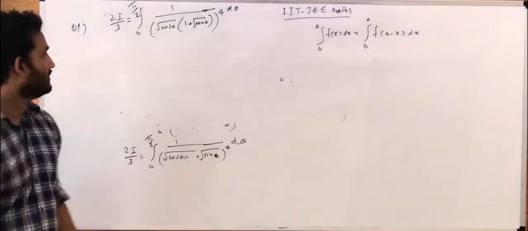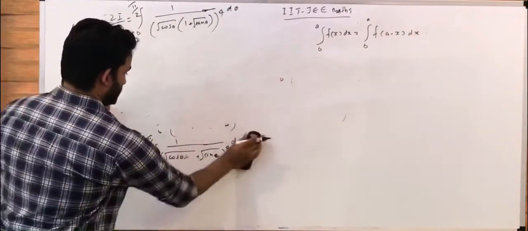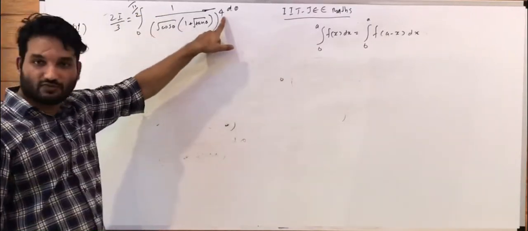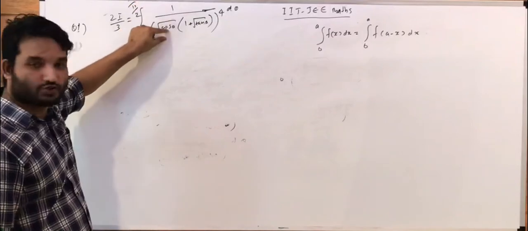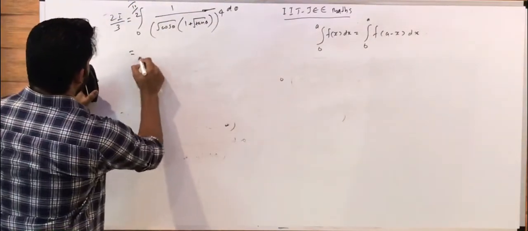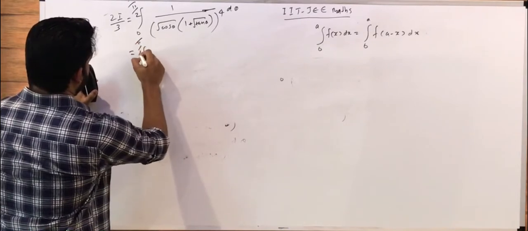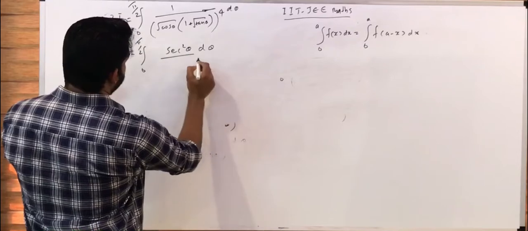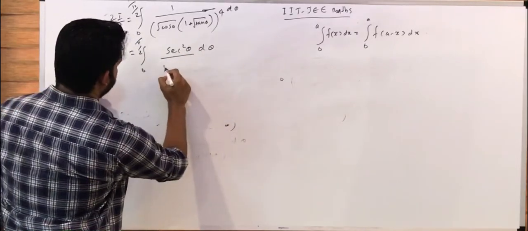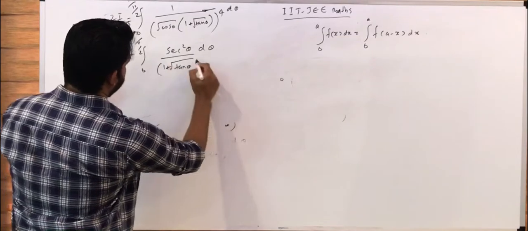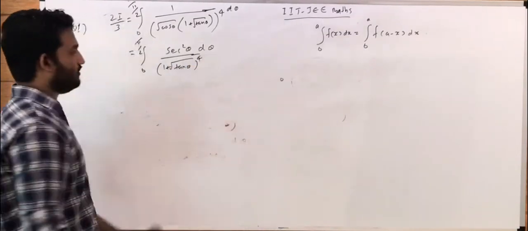Now, 1 by (root cos theta) all raised to 4 is equal to 1 by cos square theta, that is sec square theta. So we can write this integral as integral 0 to pi by 2 of sec square theta d theta divided by (1 plus root tan theta) all raised to 4.